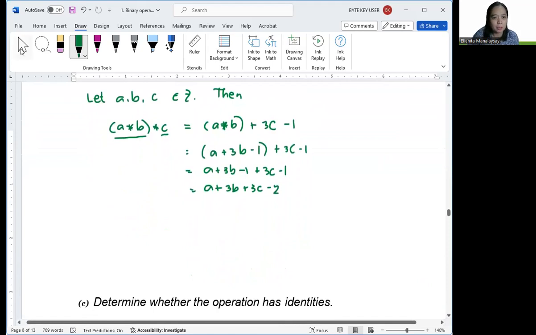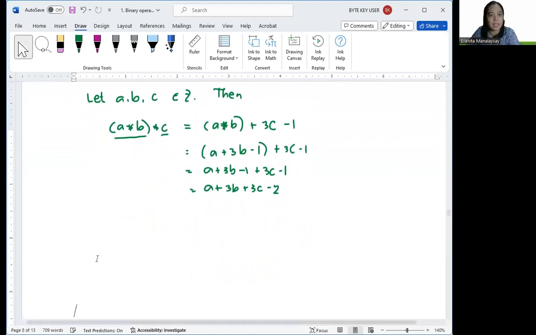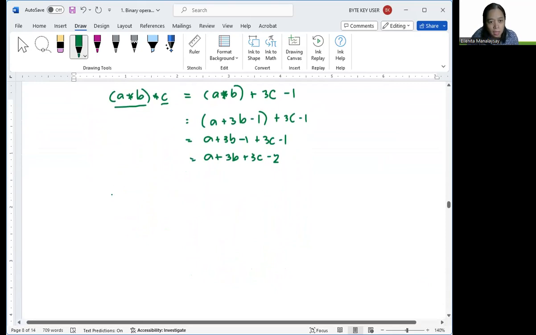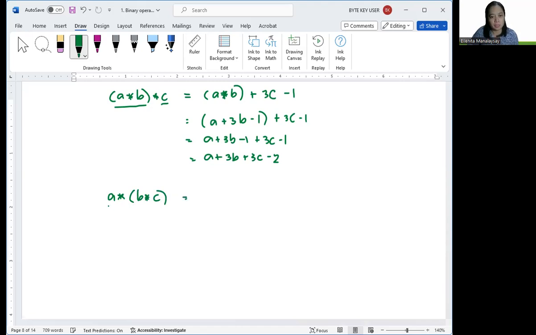How about if we have A star, and then B star C? This is our first term and this is our second term. By definition, we take the first member plus 3 times the second member, B star C, and then minus 1.